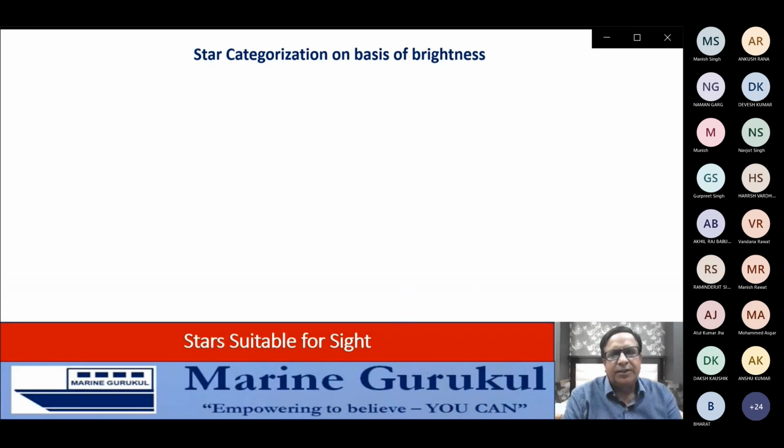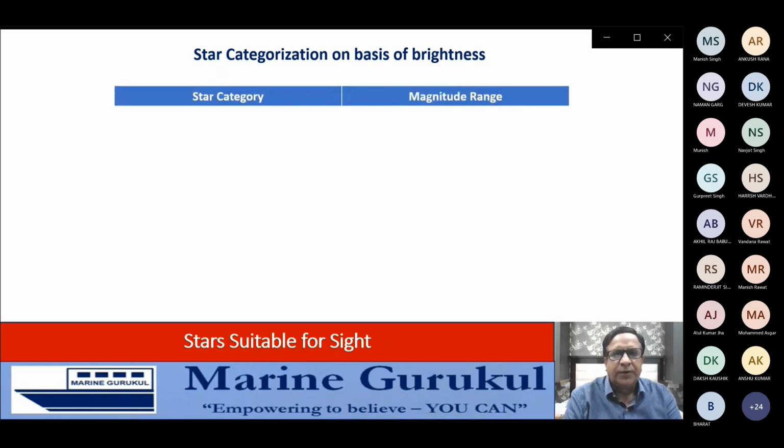We begin by understanding how stars are categorized based on brightness, which is expressed through star magnitude that we learned in the earlier video. Now, when we say first magnitude stars, it means stars with magnitude less than 1 or up to equal to 1.